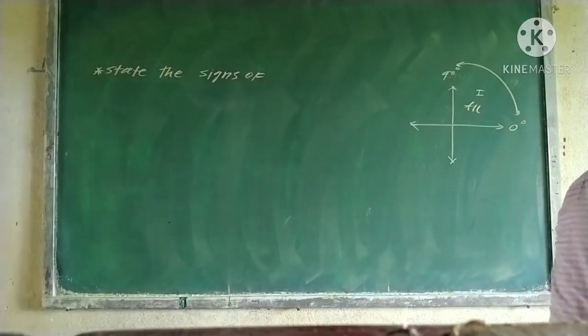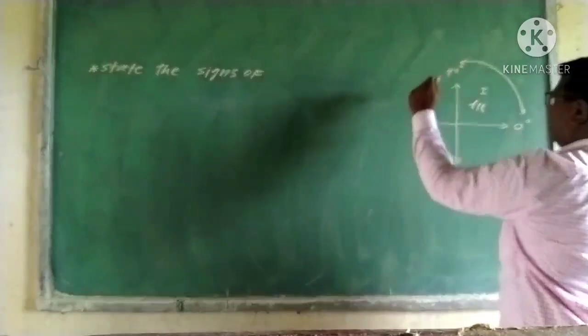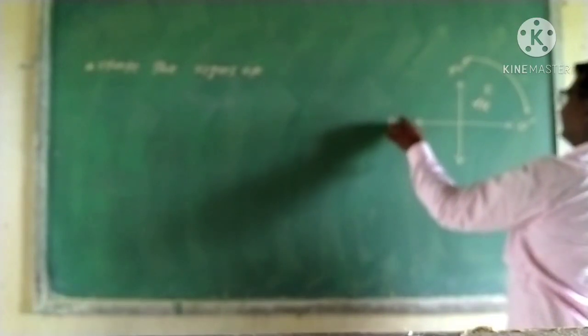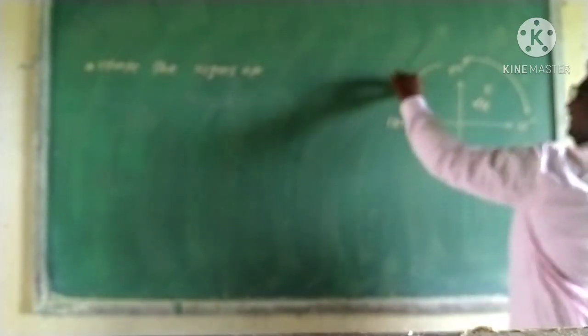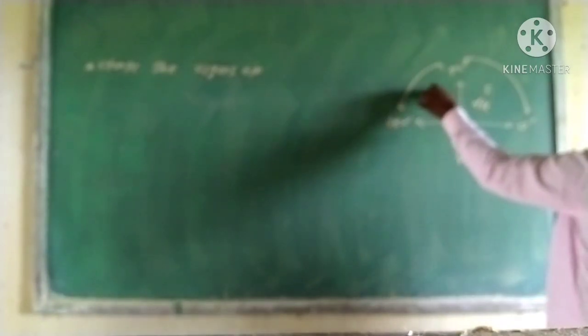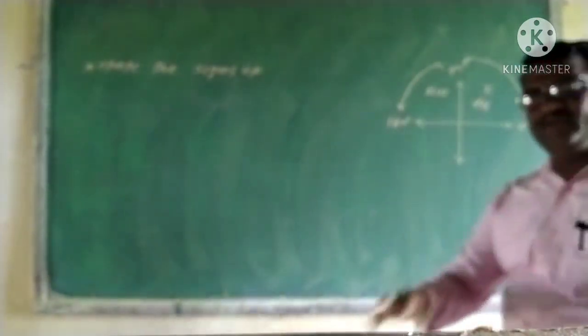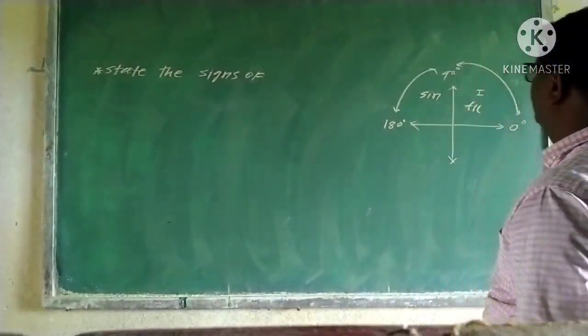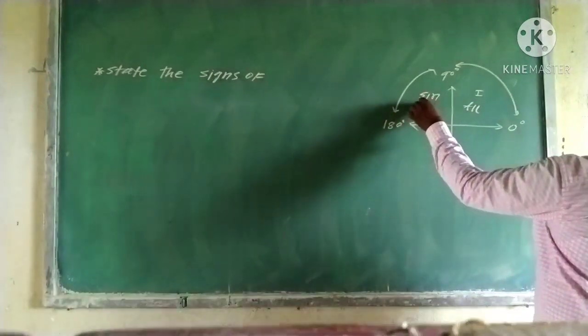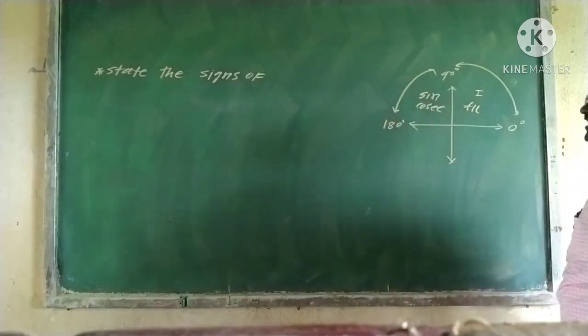The second quadrant goes from 90 degree to 180 degree, and in the second quadrant only sine and its inverse, cosec, are positive.